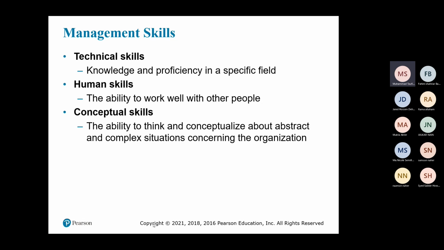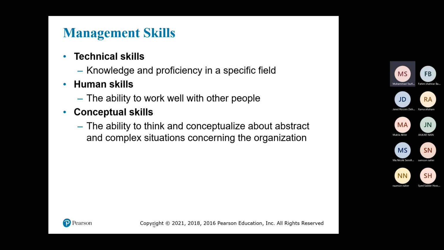Based on the study by Robert Katz, he listed that there are three main skills that a manager must have to ensure that he or she can work effectively as a manager.